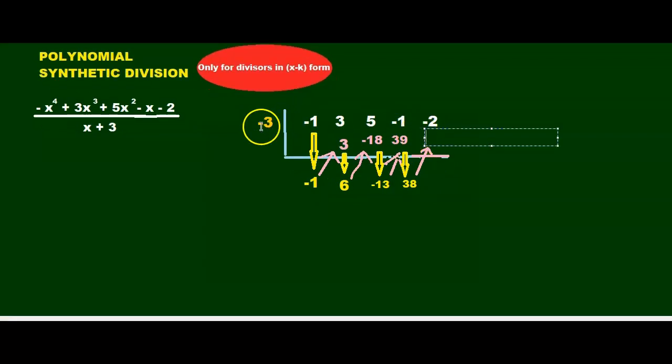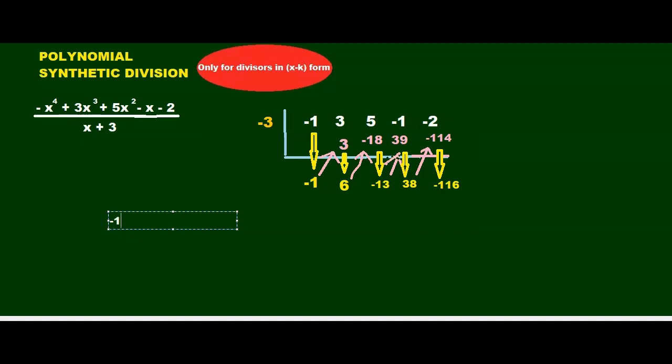Bring that back up here. So we have negative 3 times 38 gives me negative 114. And we're going to add down. So negative 2 plus negative 114 gives me negative 116. So then we look at our coefficients that we derived. We have negative 1, so my final answer is negative 1.